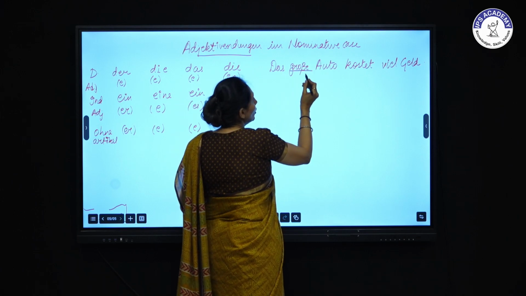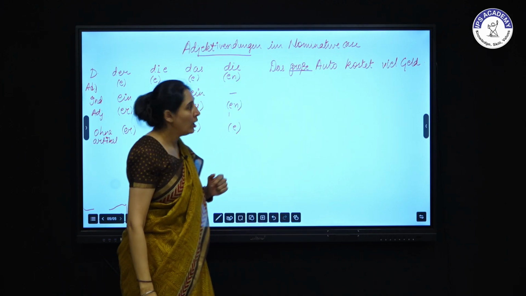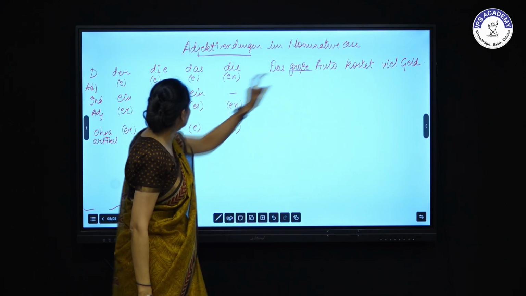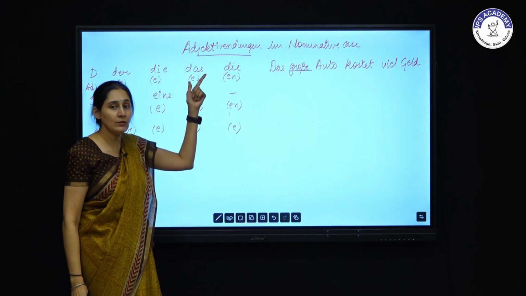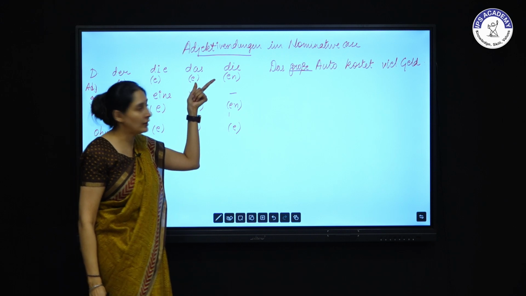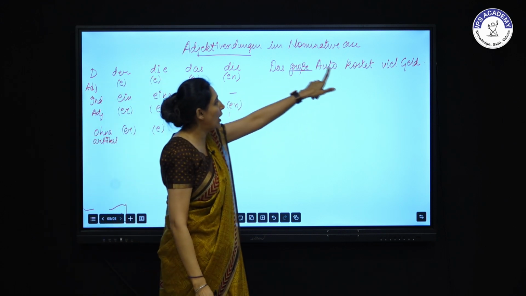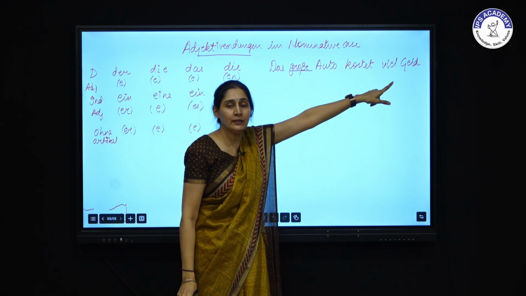So das große Auto kostet. Why have I written e? Because with the ending we have e here with the das. So das große Auto kostet viel Geld.